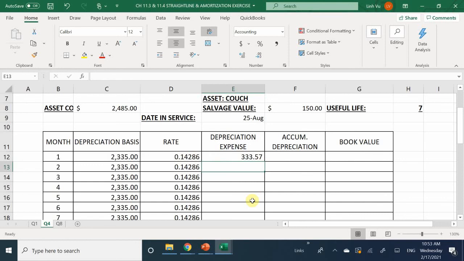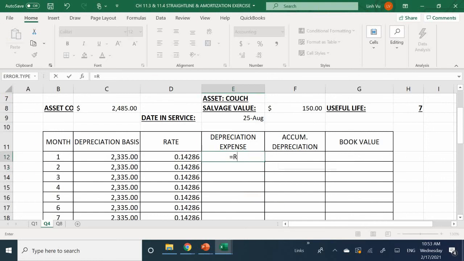Now, the assumption here is that because it's every month, we just need to divide that entire amount, because this is an annual amount, by 12. So what is my actual depreciation expense now since I have to divide the whole thing by 12?